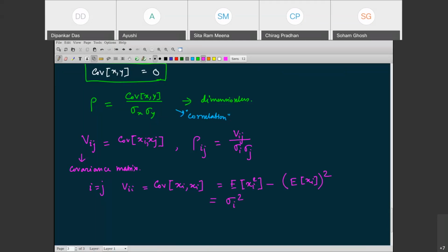So by definition, V_ii is sigma_i squared. So you see the covariance matrix is something whose diagonal elements are just the variances of the corresponding random variables, and in the corresponding correlation matrix, the diagonal elements are always 1. So rho_ii is always 1. That means they are perfectly correlated, and of course x_i and x_i will be perfectly correlated. They are the same thing.